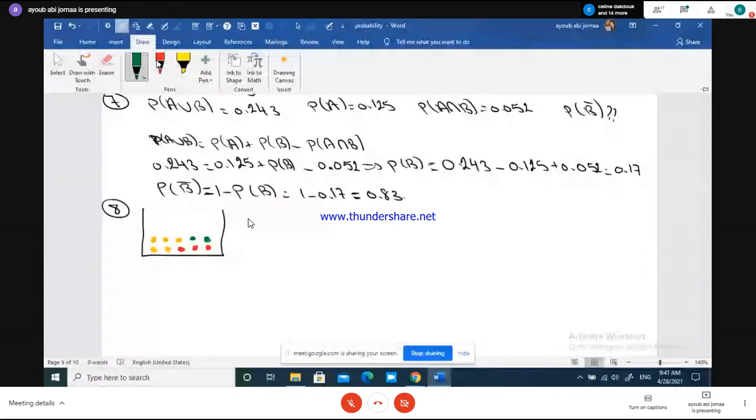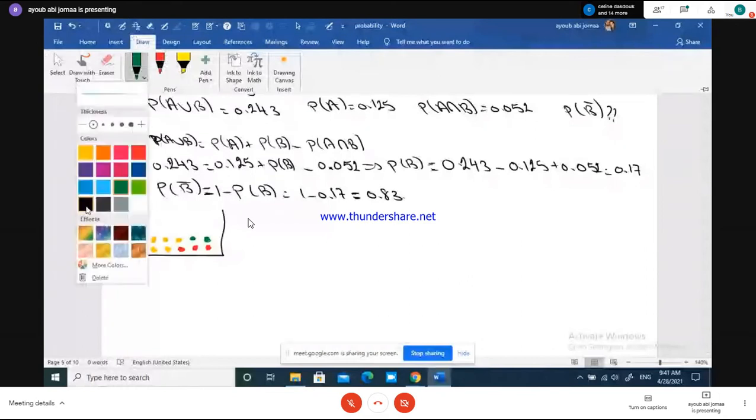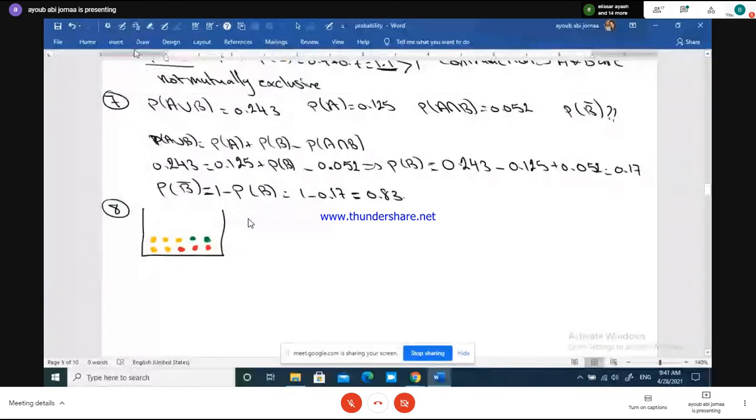And 1 marble. So here we have 10 identical marbles.